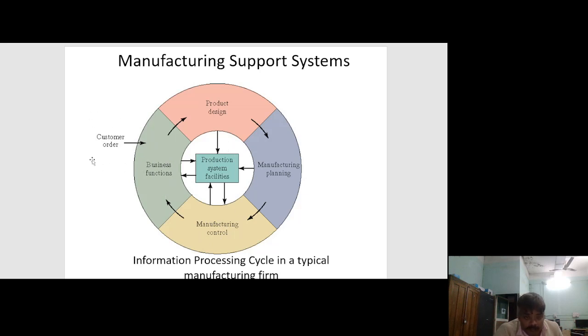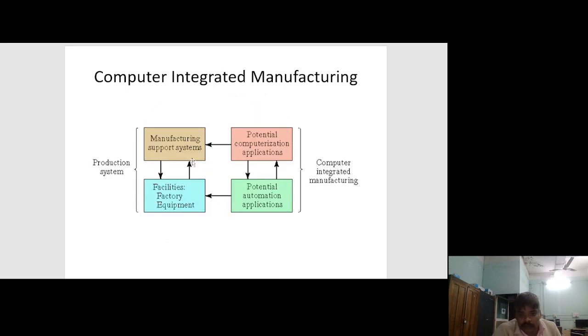Based on how many customer orders the company got and what features the customer requires, the product design will start, and this will be supplied to a production system facility where processing will happen.